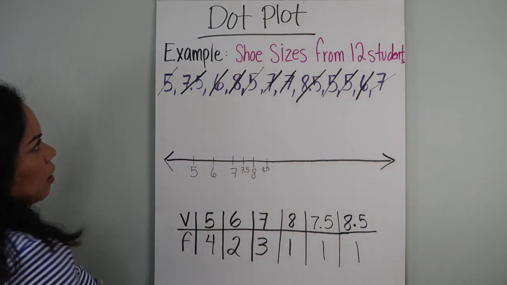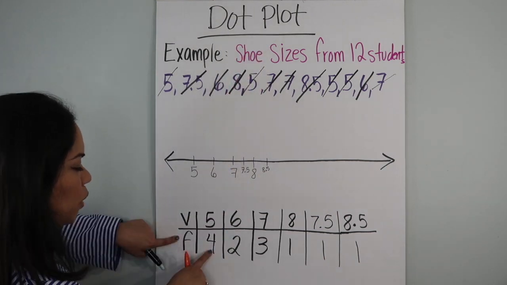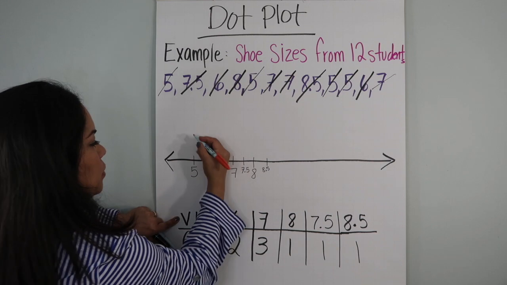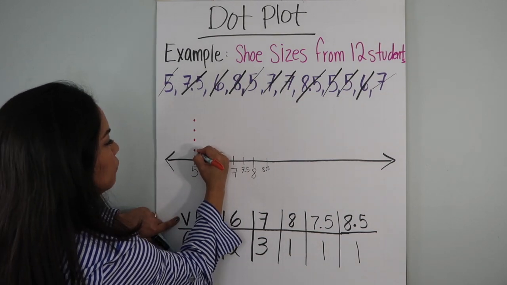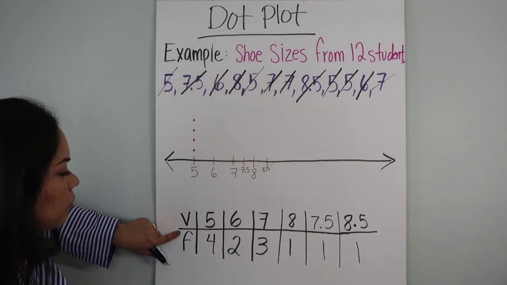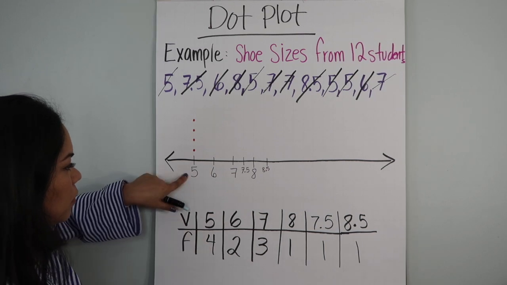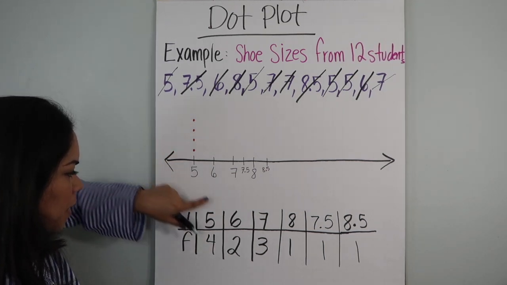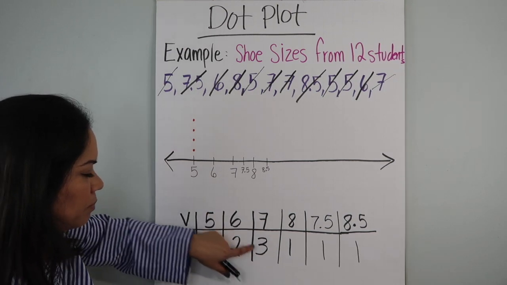We're going to create our dot plot. There were 4 students that were size 5. So I'm going to plot 4 dots above 5. And I'll do the same for my other numbers.